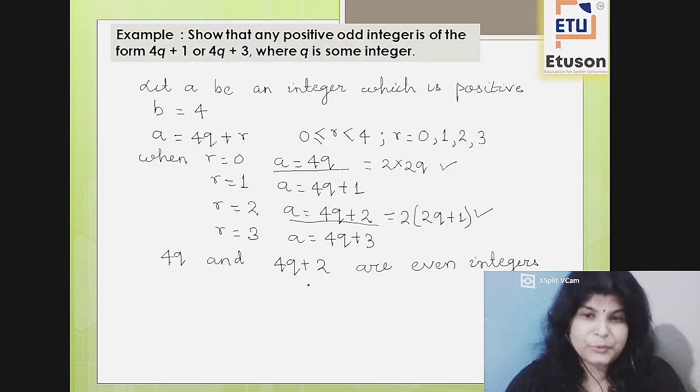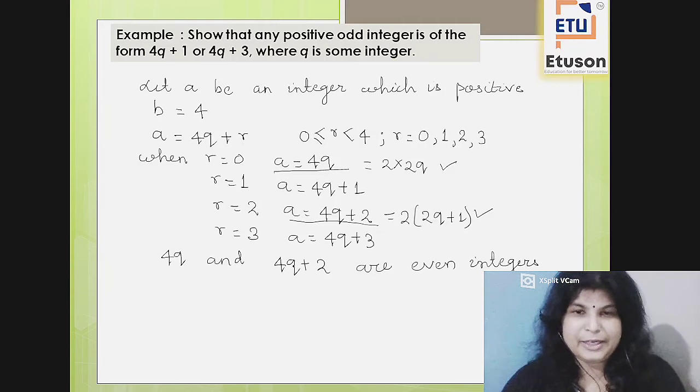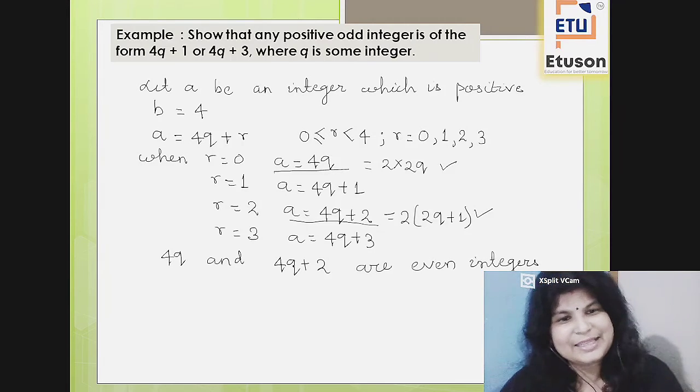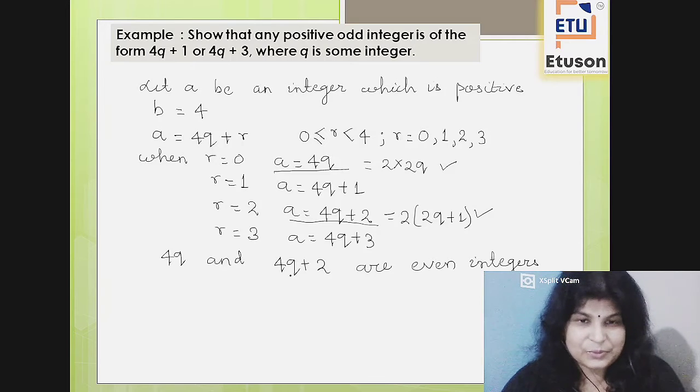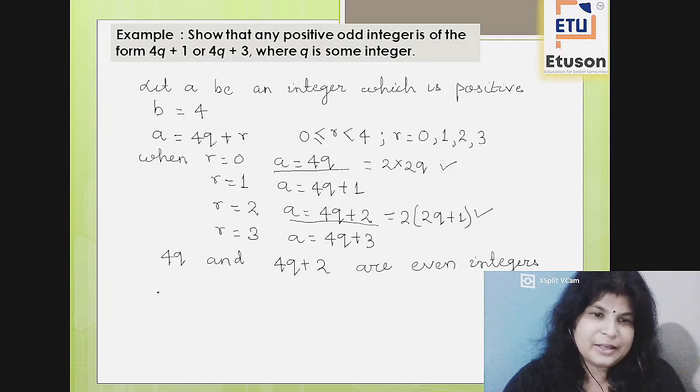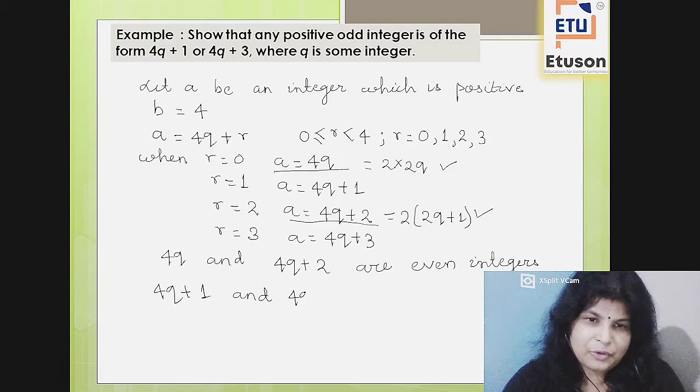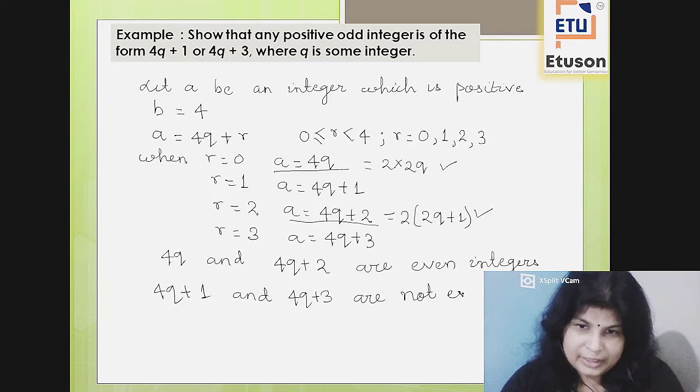So as we know, if an integer is not even, it is odd. So it is proved that 4q plus 1 and 4q plus 3 are not even.